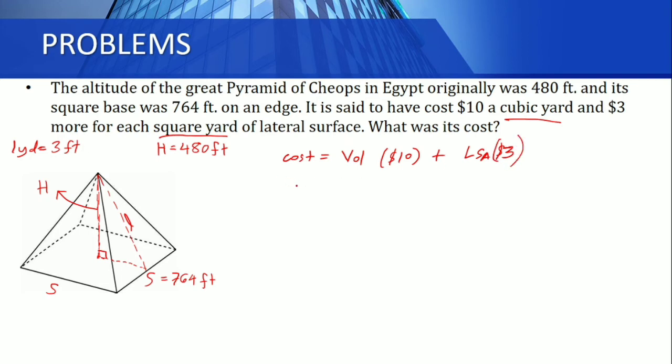So yung volume natin is equal to 3,458,939.259 multiplied by $10 plus yung lateral surface area natin, 104,150.622 multiplied by $3.